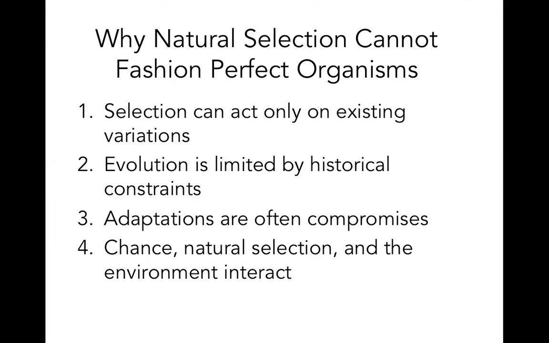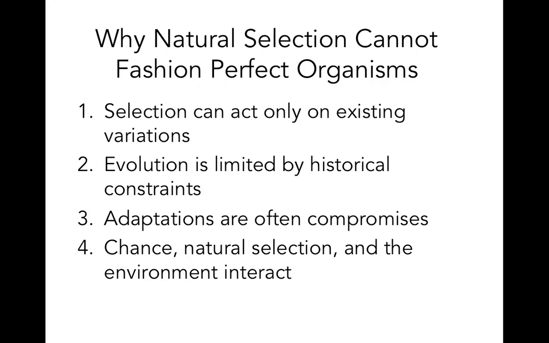So natural selection does not produce perfect organisms. It does improve the match between organisms and their environment. But no organism is perfectly matched to its environment for a number of reasons. One, selection can only act on the variation that is there. Selection does not make rates of mutation increase or decrease.